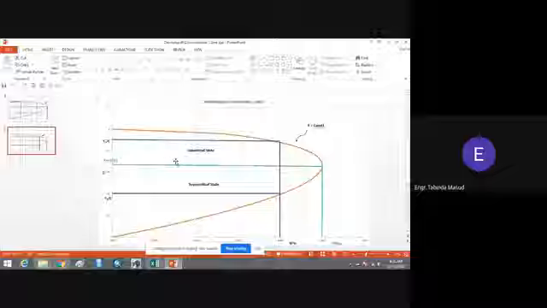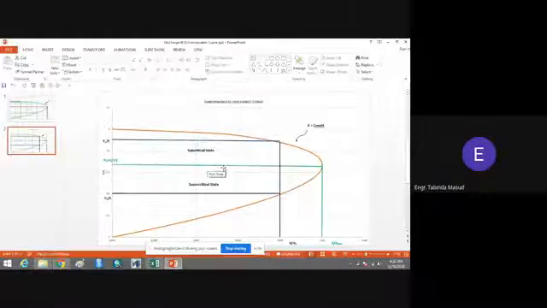We can see that above this green line, which shows you the critical depth of the flow, we have the subcritical state, and below the green line we have the supercritical state. If we take another value of Q by Q1, let's suppose the value of Q by Q1 is 0.8.